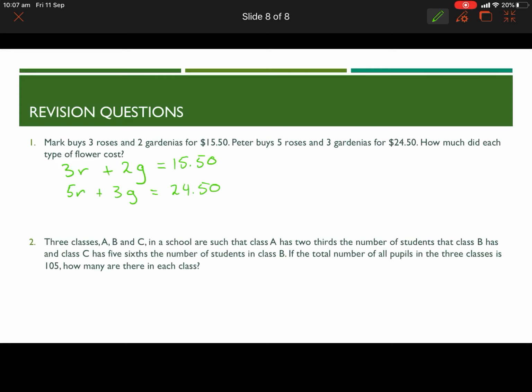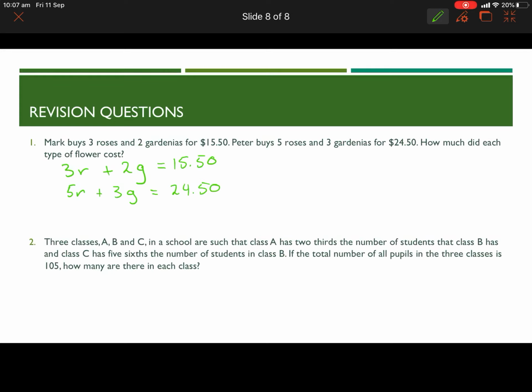For this one, we can't use the substitution method because we don't have any of the variables by itself, so we're going to have to use the elimination method. With this one, we don't have any of the variables the same, and to make them the same, what we could do is look at the g's. 2 and 3, think of their lowest common multiple, what they both fit into, which would be 6.